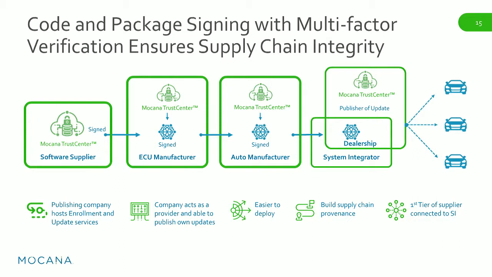So in the case of an automobile, it could be an entity that provides the software for the ECU. Then there's the ECU manufacturer who gives it to the automaker, let's say the Toyotas, the BMWs, who give it to the dealerships, who send it to the local dealerships within the state. And eventually your car gets that update through the dealer.